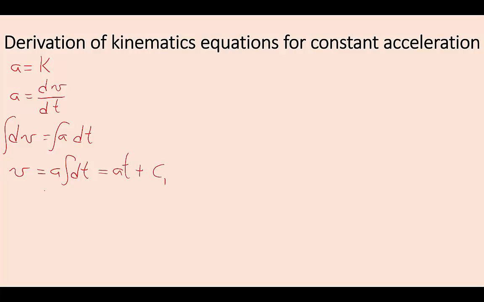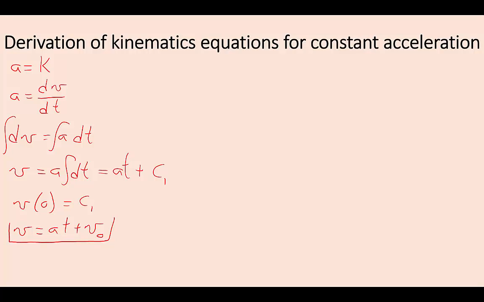Now, remember, you can find out what that constant is by saying, well, what is v at 0? Well, v at 0 we typically call v naught. So then, v is equal to at plus v naught. So there's our first equation.